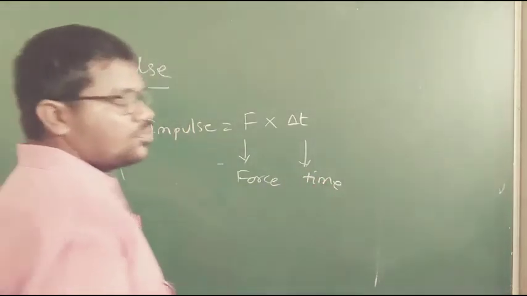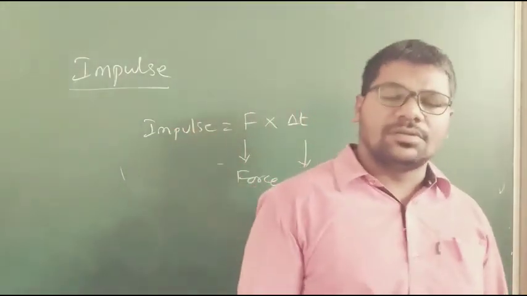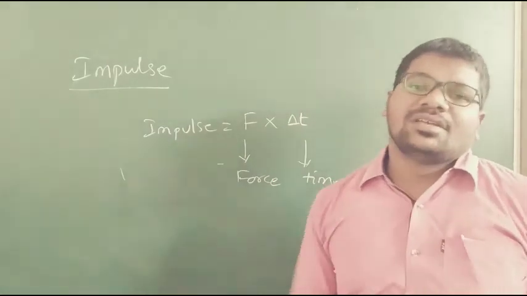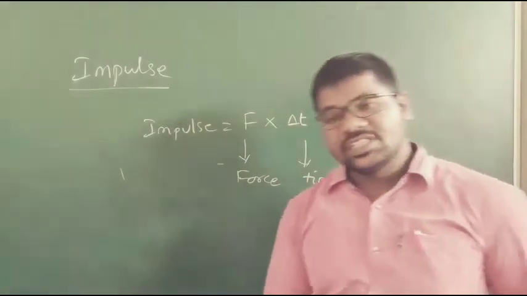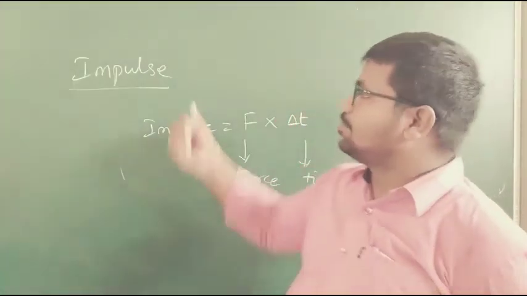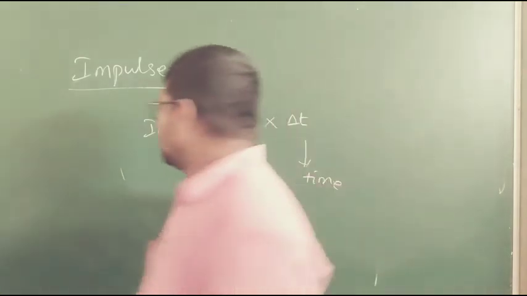The product of force and a small interval of time is equal to impulse. Understand, my children? Yes, a large force applied for a small interval of time is called impulse. It is which quantity? Yes, a vector quantity.